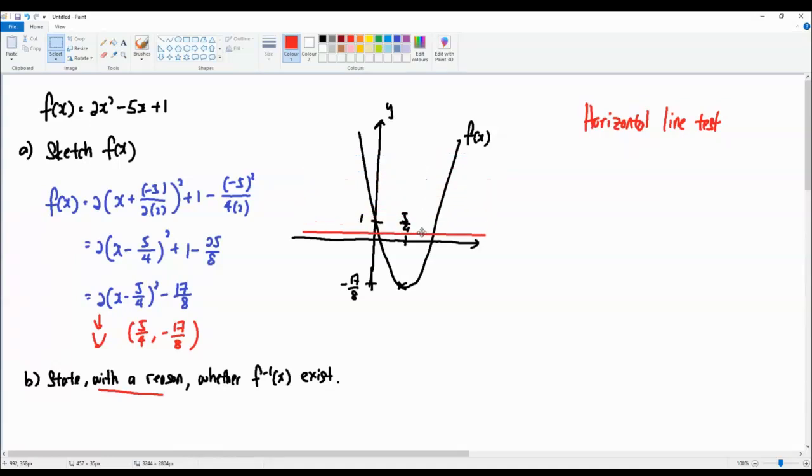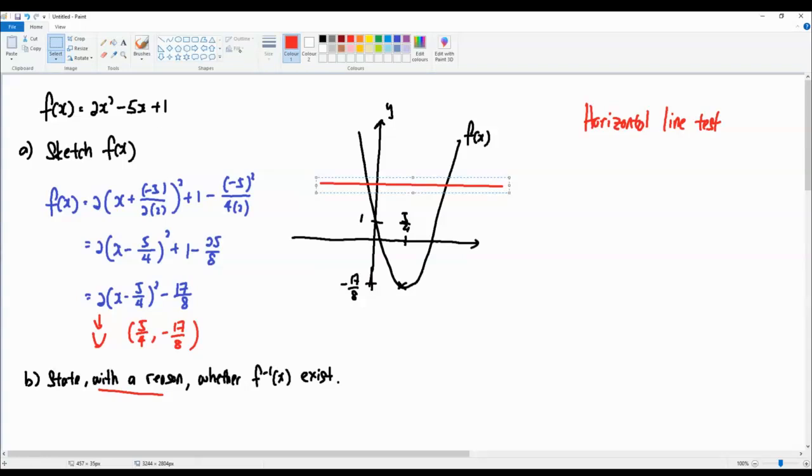So from here, I can see that the intersection of the red line and the black curve is always 2 times, right? So there are 2 intersection points, and so on. Only here, the minimum point, there is only 1 intersection. So in general, I have more than 1 intersection. So if more than 1 intersection, it means the inverse doesn't exist.